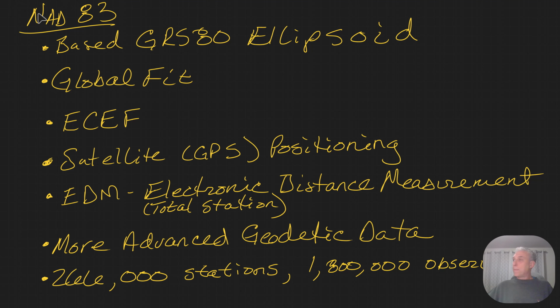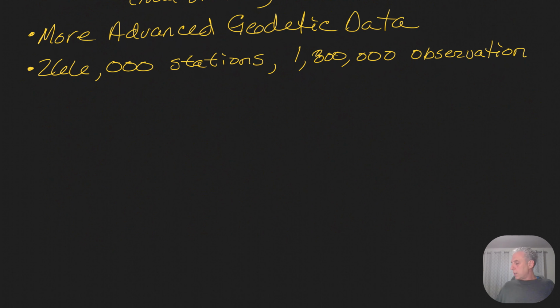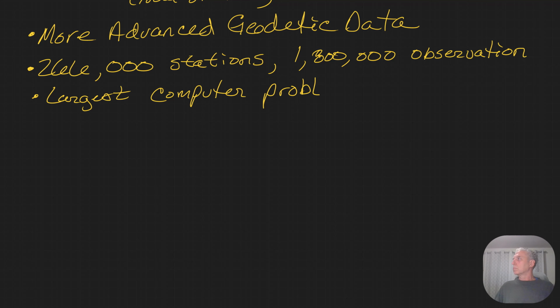Let's see, where are we? Points of interest. The development of NAD83 and the adjustment of the network was the largest computer problem ever solved. It's a fun little fact. It was developed over 11 years.